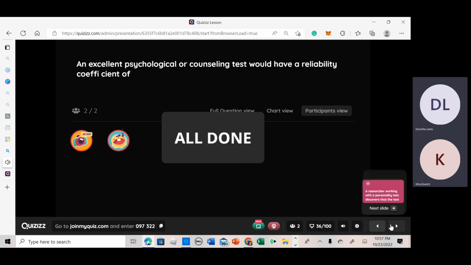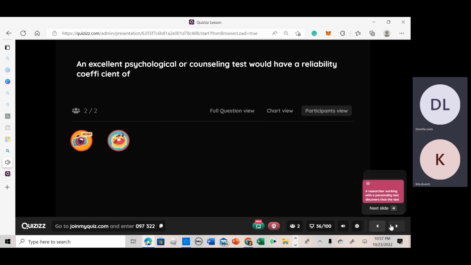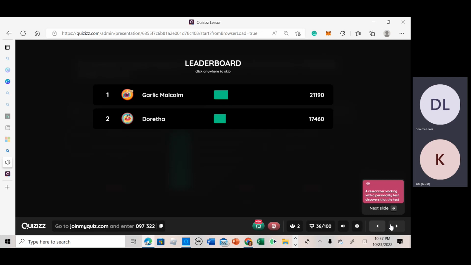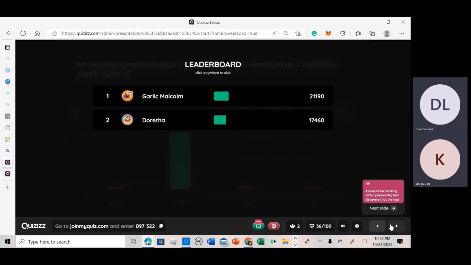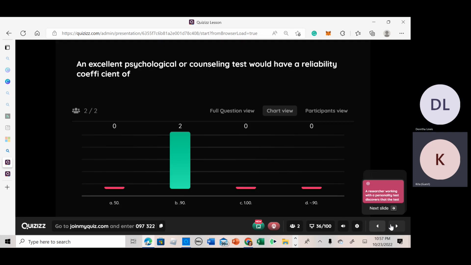An excellent psychological counseling test has a reliability coefficient of 0.90. Nearly 90% of the scores measured the attribute in question, while 10% of the score is indicative of error.